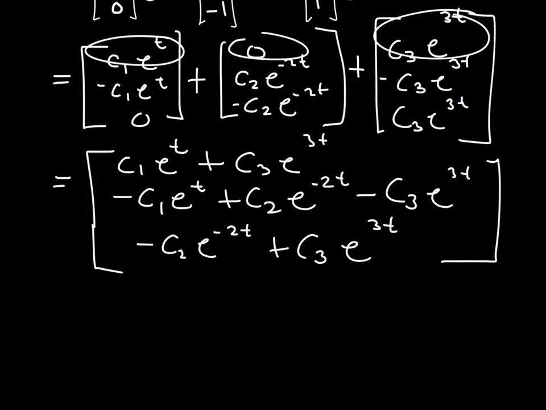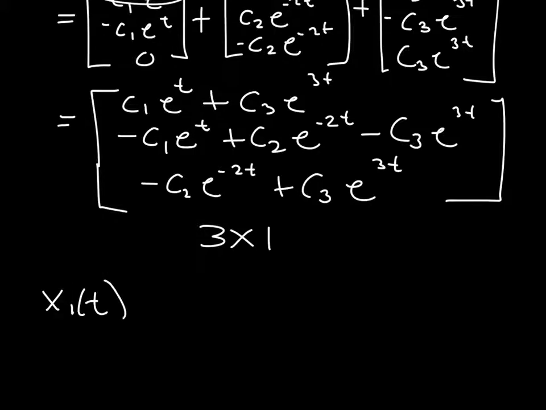This is a 3 by 1 matrix. We have 3 rows, and this is all one column because we're adding these to make one entry. And that is your general solution. Let's actually write it out.